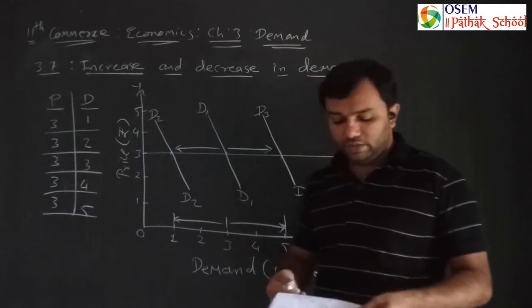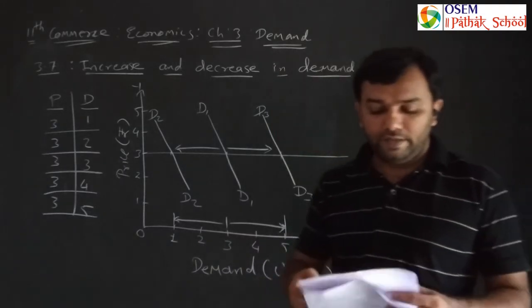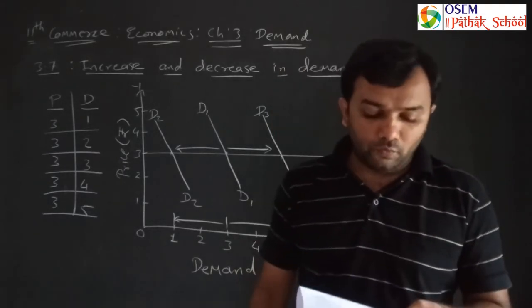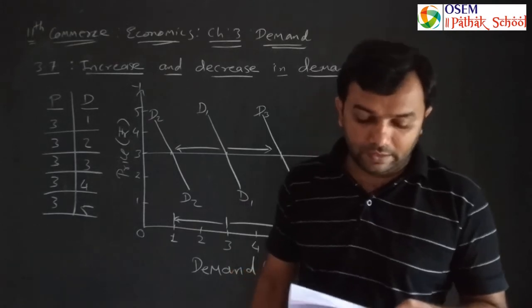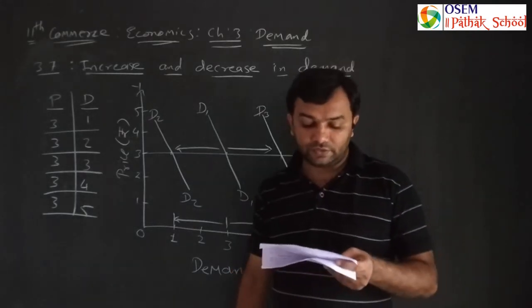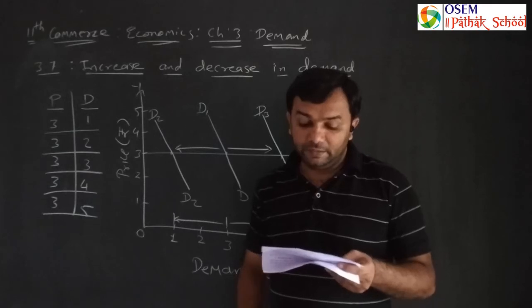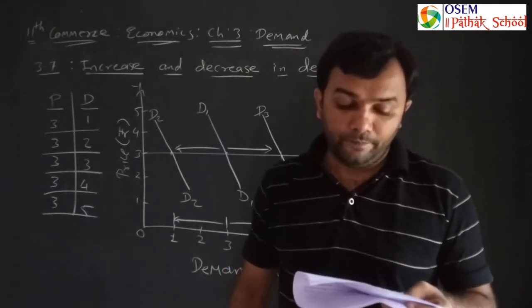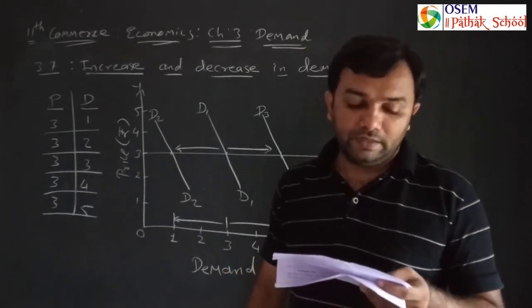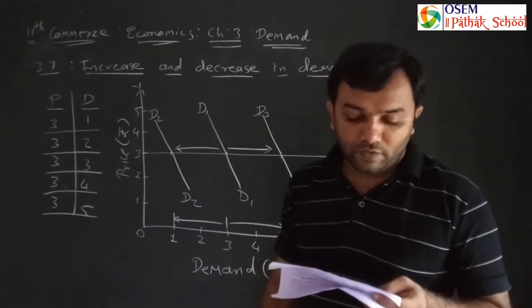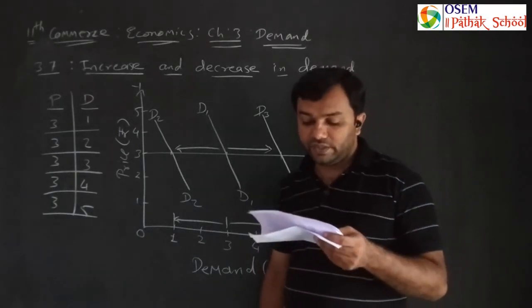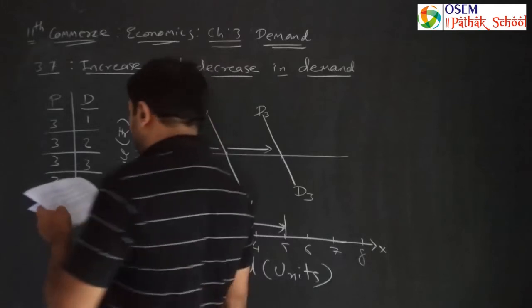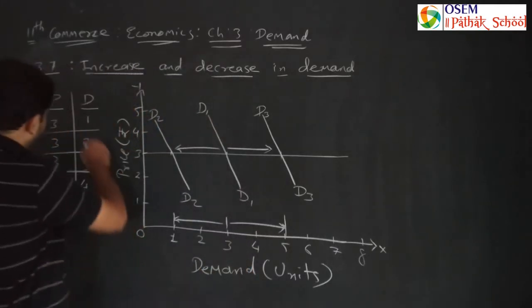So what is there here? Textbook page number 25. We are reading line by line. When one factor or some other factors other than price are in favor of demand of the goods, then there is an increase in demand, which causes a rightward shift.